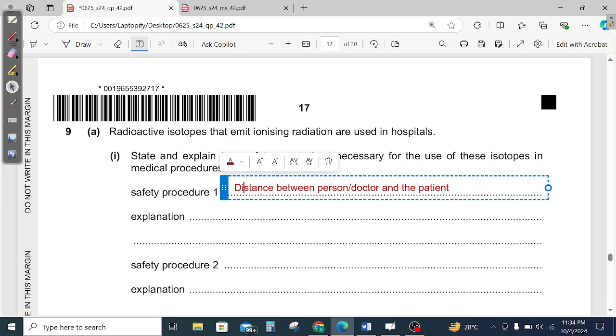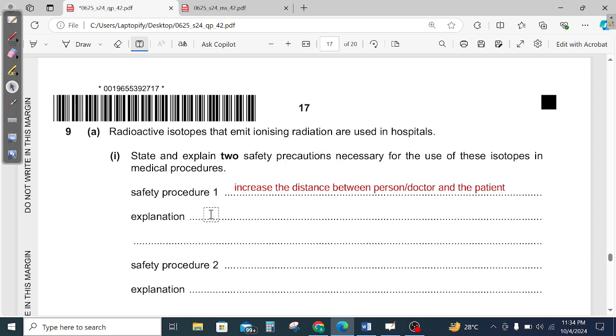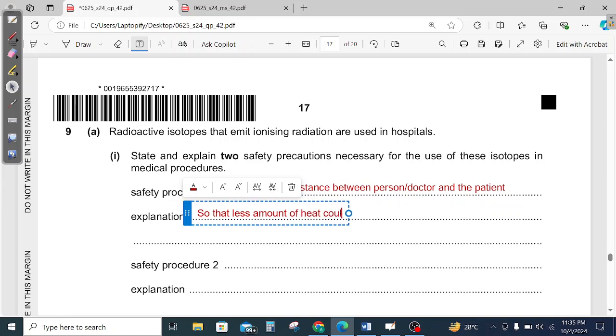You must increase the distance. Is it clear? And the reason is that when you increase the distance between doctors and the patient, as a result, a less amount of radiation will reach the doctor, or the person that is observing the disease.